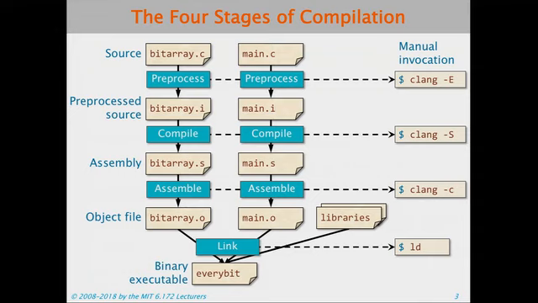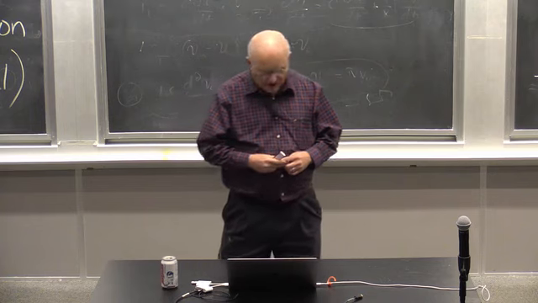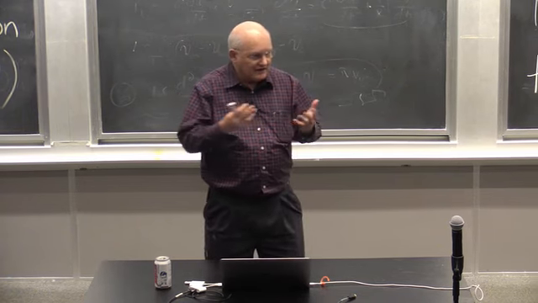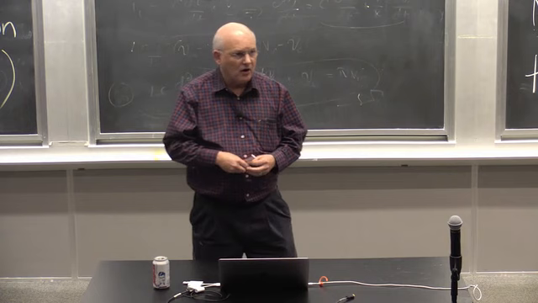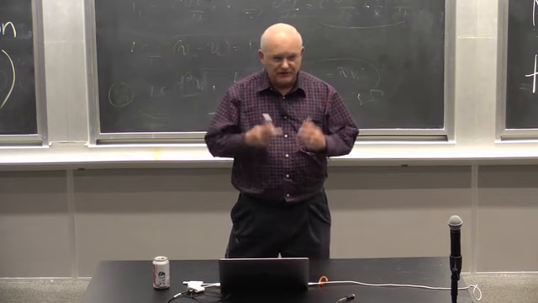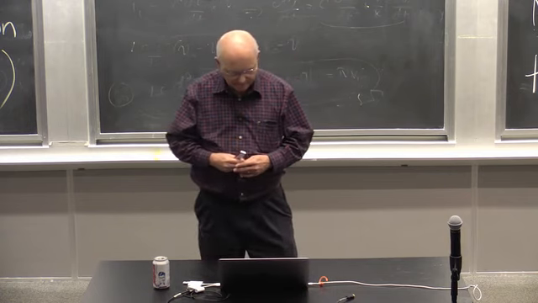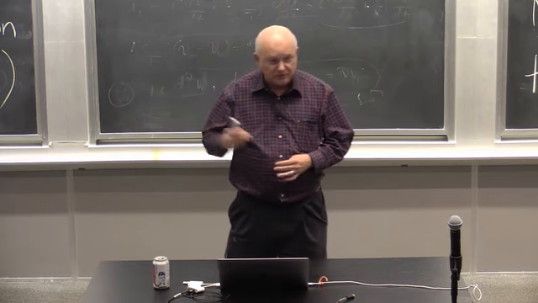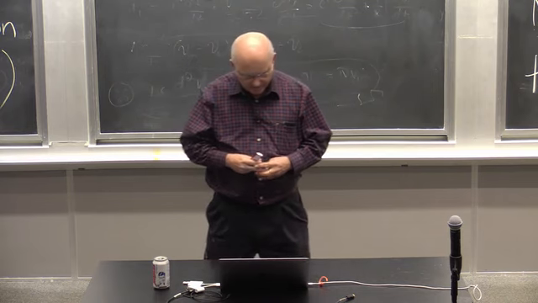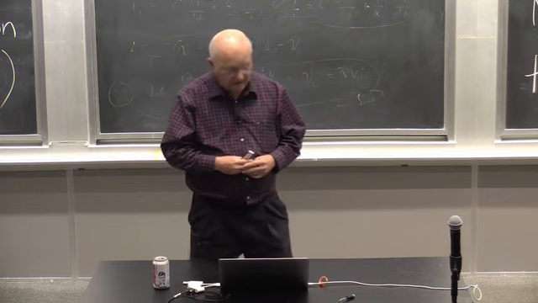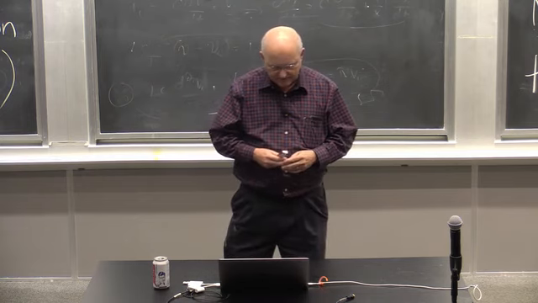Then you compile it, and that produces assembly code. So assembly is a mnemonic structure of the machine code that makes it more human readable than the machine code itself would be. And once again, you can produce the assembly yourself with clang -S.